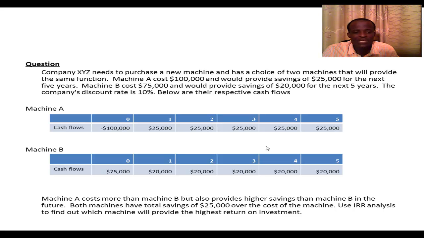Machine B costs $75,000 and would provide cost savings of $20,000 for the next 5 years. The company discount rate is 10%, and below are the respective cash flows. So you can see machine A and machine B and their respective cash flows.